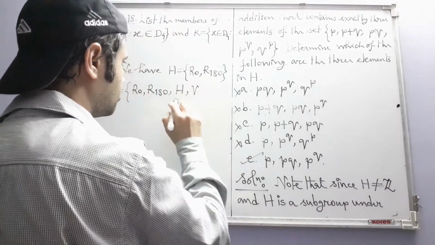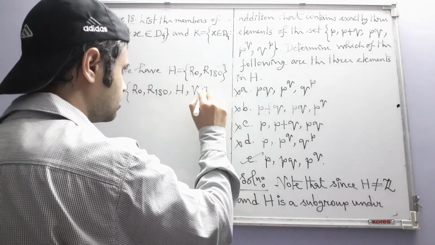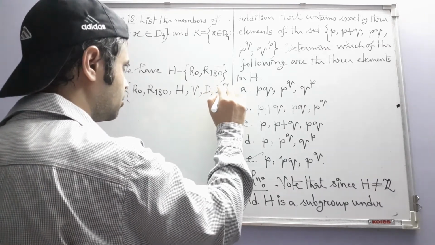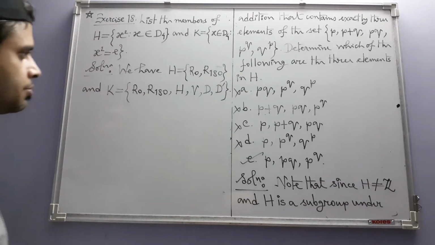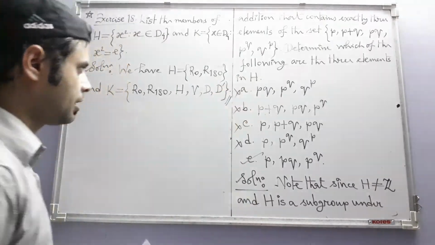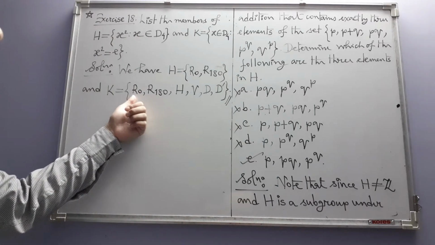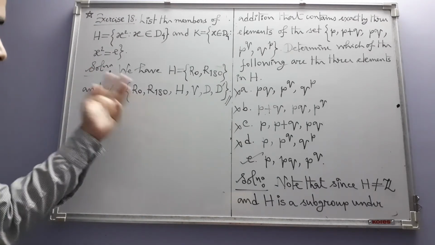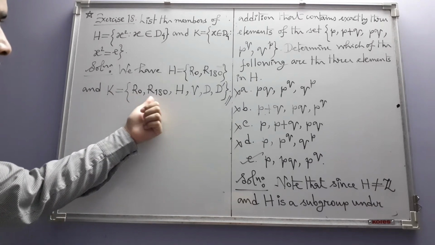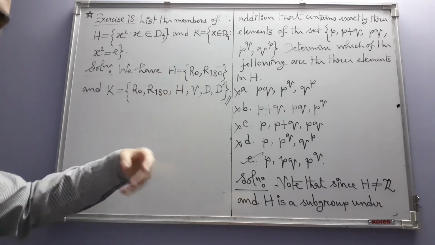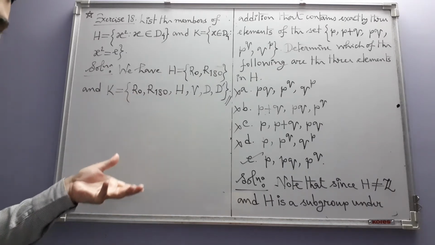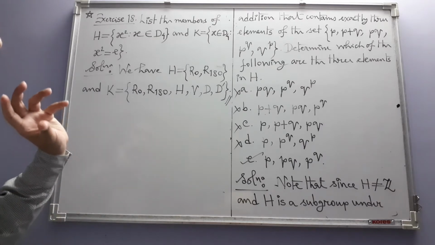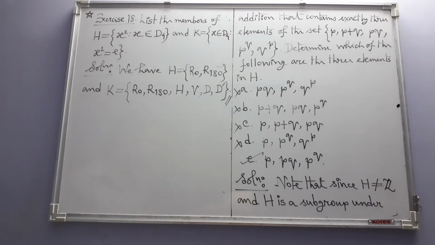So reflection about a horizontal axis, about a vertical axis, and about both the diagonals, they are such operations. And among the rotations, only the trivial one is one whose square is identity, and 180 degree rotation is also one whose square is identity, because if you apply it 2 times, then you are rotating the square through an angle of 360 degrees. So that is one complete revolution.